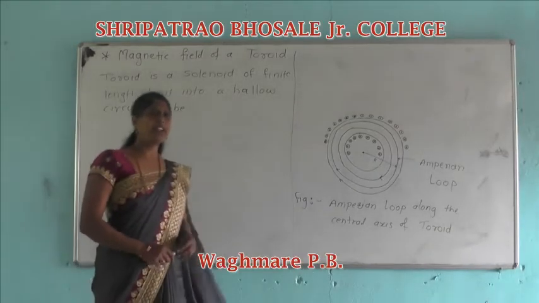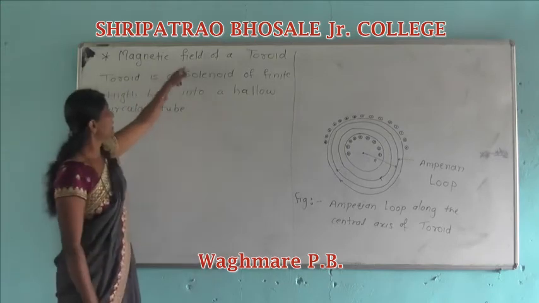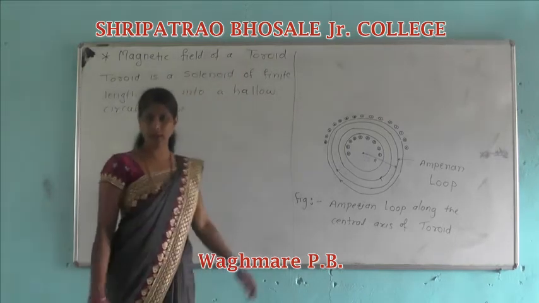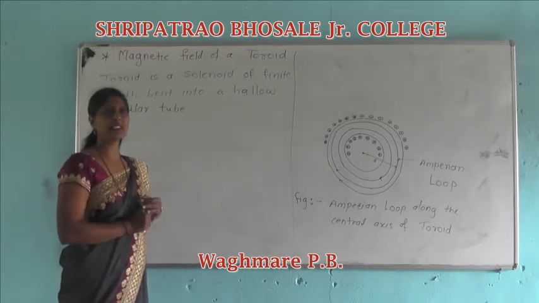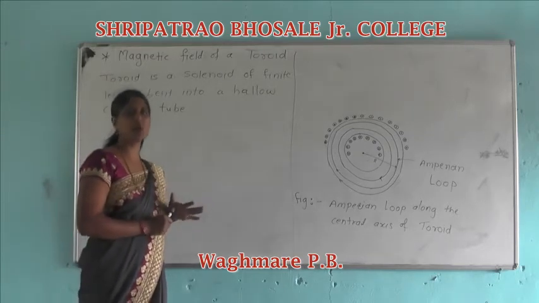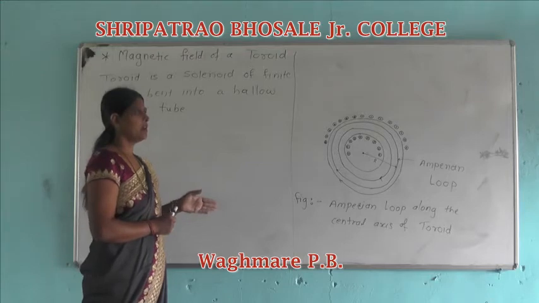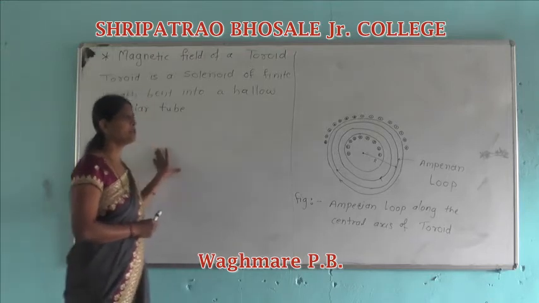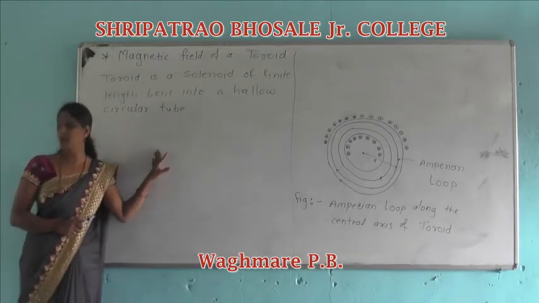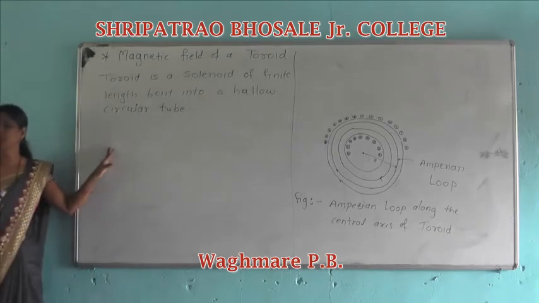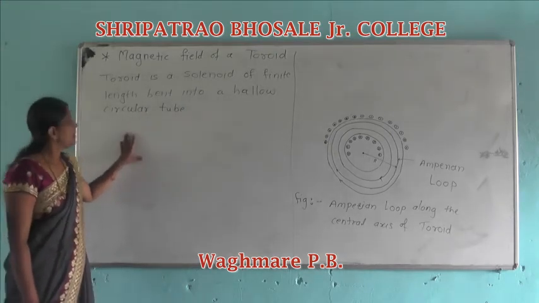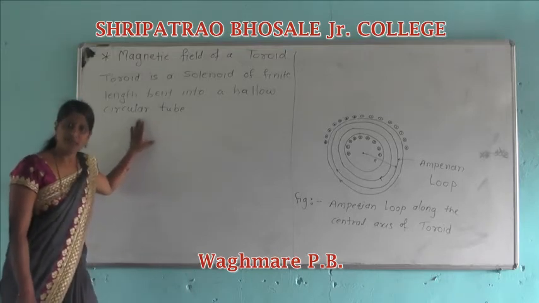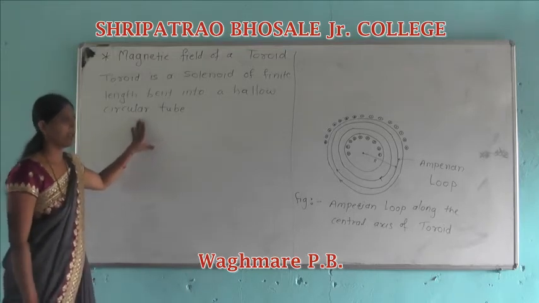Now we will discuss the magnetic field of a toroid. We have discussed the magnetic field of a solenoid, that is, B is equal to mu naught n I, by using Ampere's law.